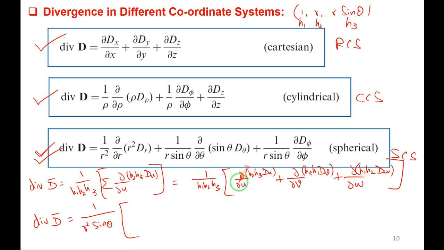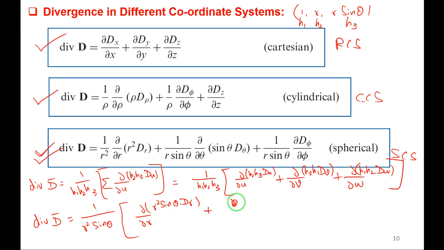Next, dou by dou u means dou by dou r. We replace u by the first variable r. Then H2 into H3 is r square sine theta, into du. Du is nothing but dr.